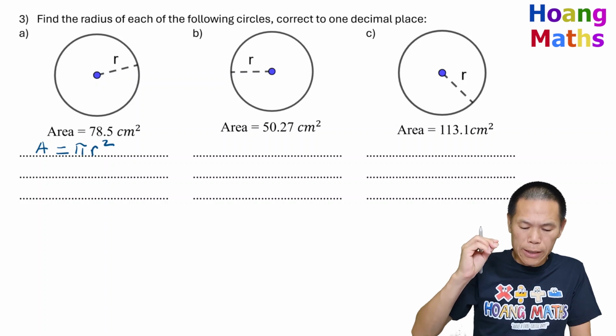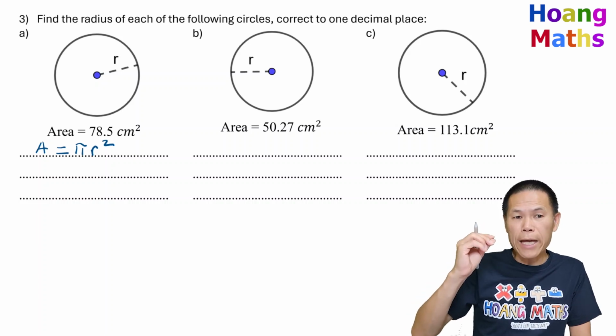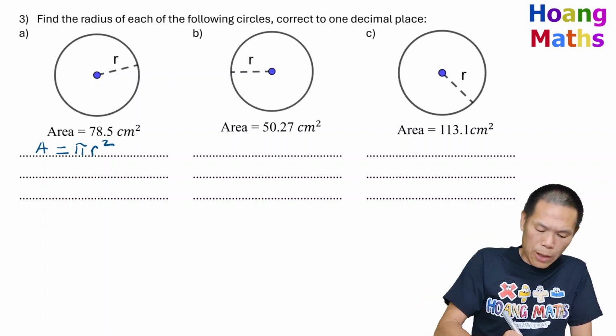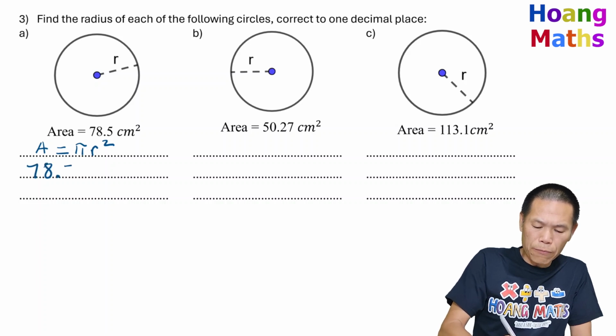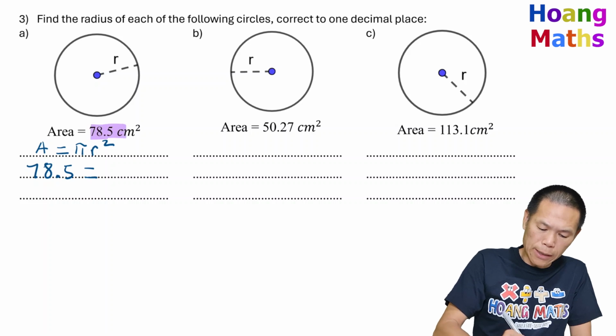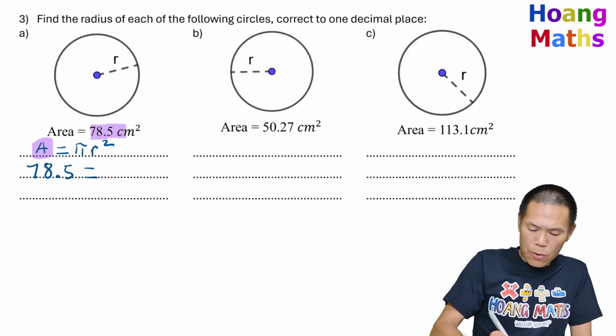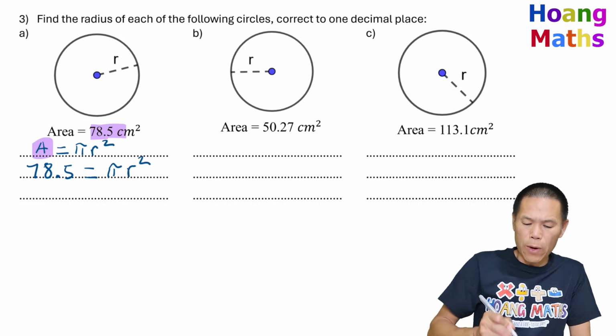And the area in this case here is 78.5. So A is 78.5. So don't forget, okay? A is this. So now equals pi times the radius squared.